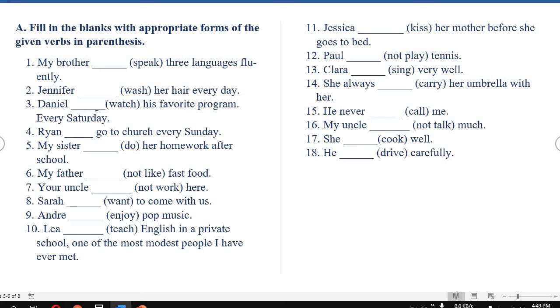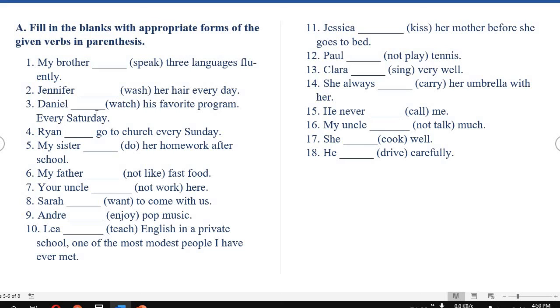So my brother speaks 3 languages fluently. Speaks. Okay, then go for the next.